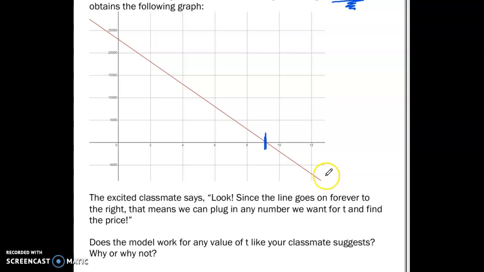It doesn't make sense for a car to be a negative value. So between 0 and what looks to be 9, we have prices, but after that range, it doesn't make sense. So when you talk about domain and range, the domain would be from 0 to 9, and the range would be from 0 to 23,000.